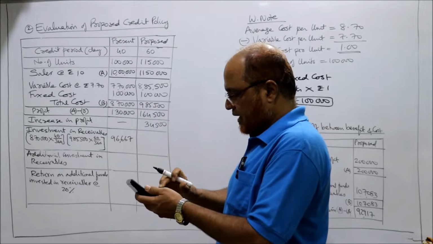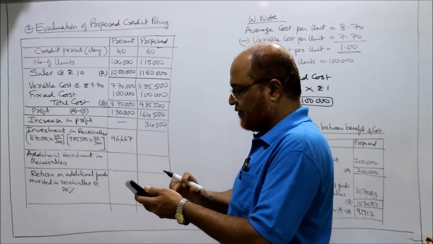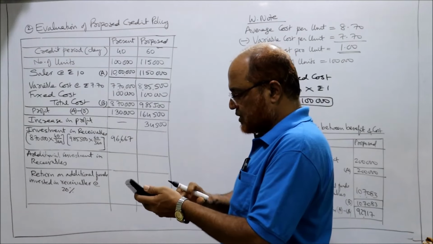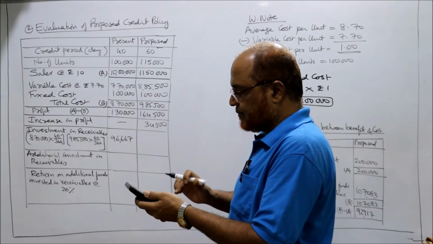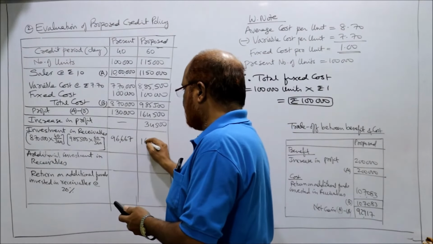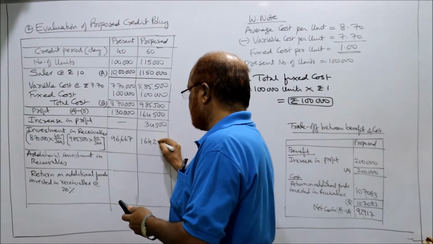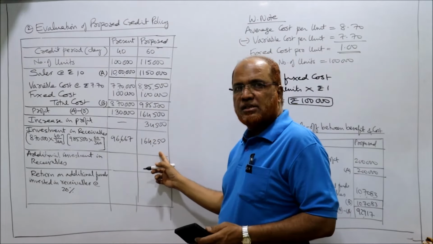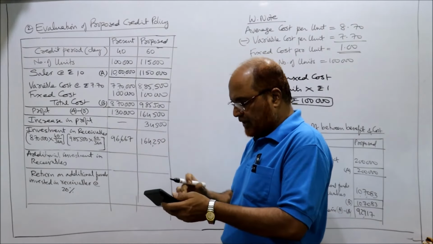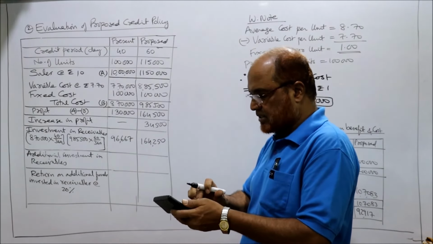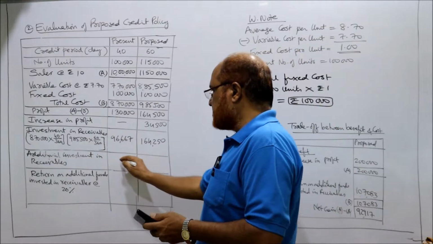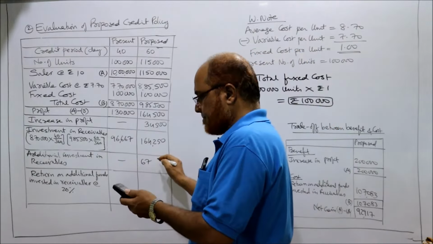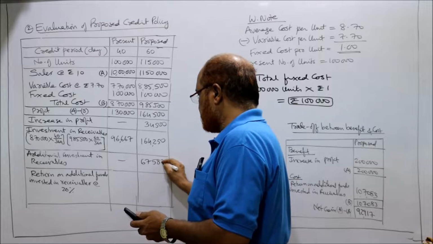Similarly, 9,85,500 into 60 divided by 360 is 1,64,250. This is the investment in receivables. Now subtract 1,64,250 minus 96,667, which is 67,583.